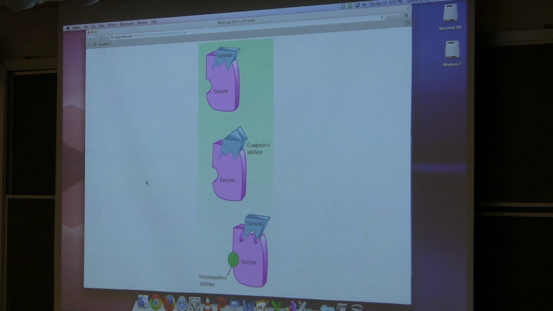And so as I talked about yesterday, if you have a lot of substrate, then the substrate is going to win that competition. The substrate is going to bind. If I have 50 million molecules of substrate and I have 500 molecules of inhibitor, the likelihood that the substrate is going to get there is very, very high. The likelihood that the inhibitor is going to get there is very, very low.